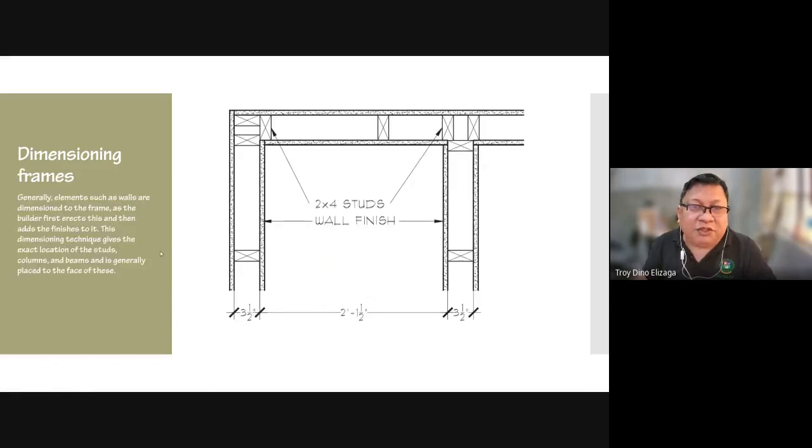So frames refer to wooden walls. Generally, elements such as walls are dimensioned to the frame, as the builder first erects this and then adds the finishes to it. This dimension technique gives the exact location of the studs. If this were a small drawing, there's no problem with the dimension.